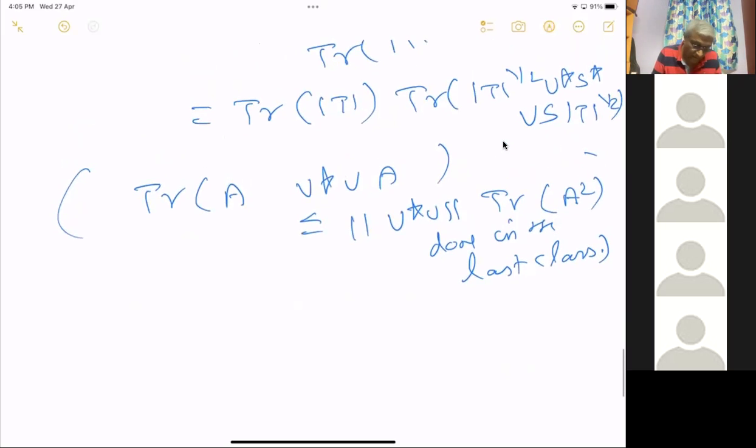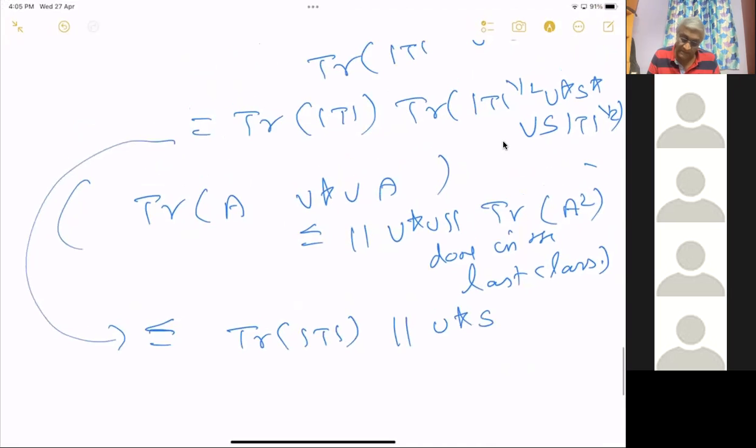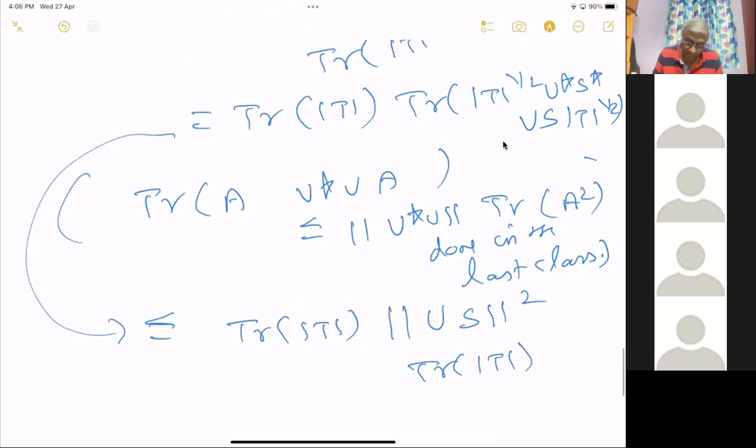So because of this, that is less than or equal to trace of |T| into the norm of U* S* U S, which is the same as the norm squared of that, which is the same as C*-identity, which is just the same as norm of U S squared, times trace of |T|. T^(1/2) squared is |T|.